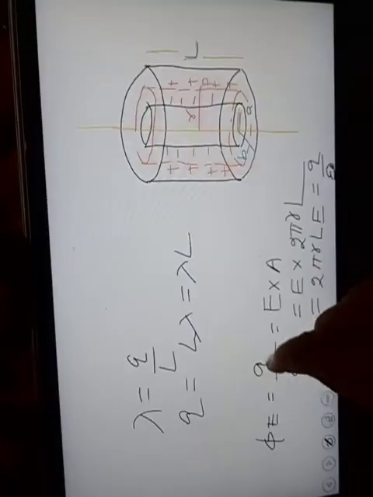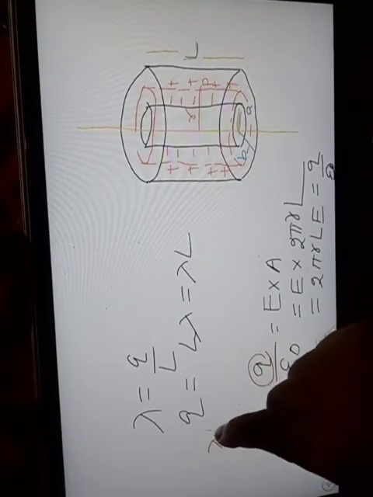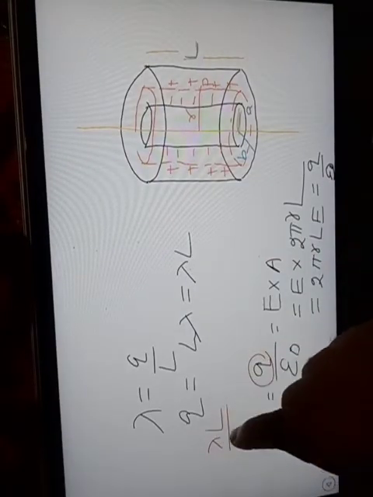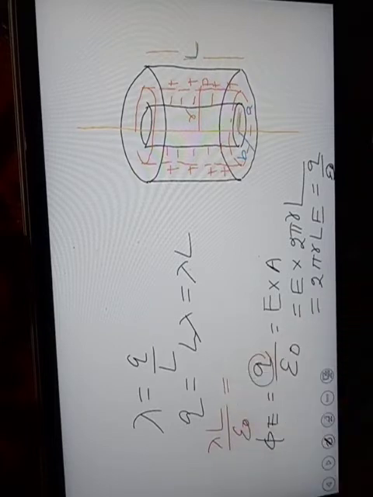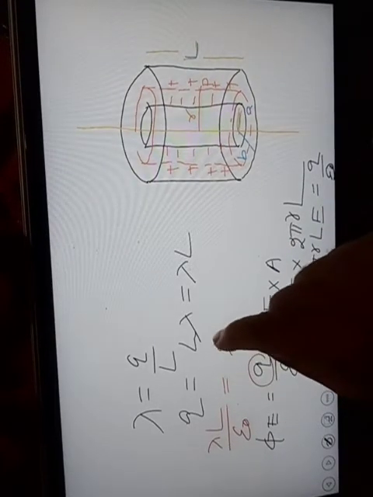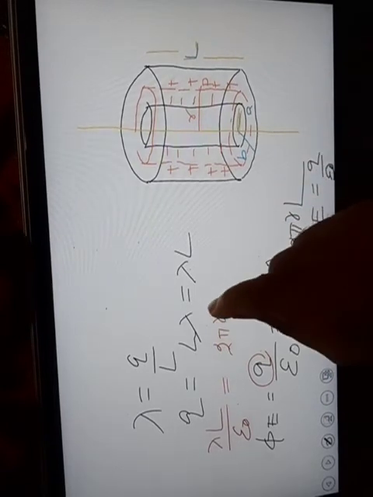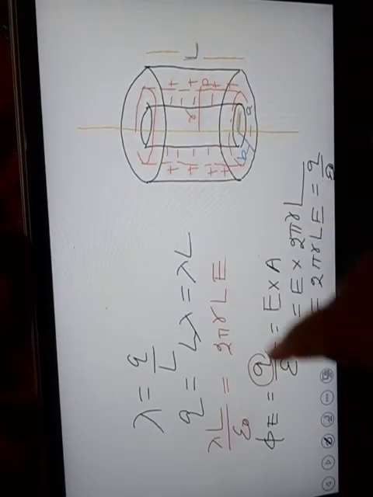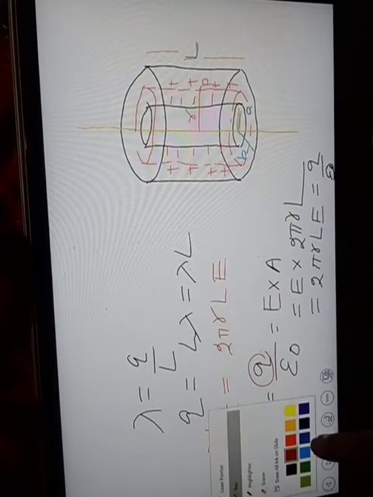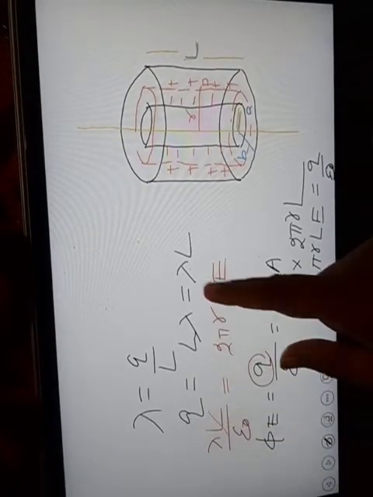So in place of Q we can write lambda L by epsilon 0 is equal to 2 pi R L E. And you see L can be cancelled. We can cancel L and L here.